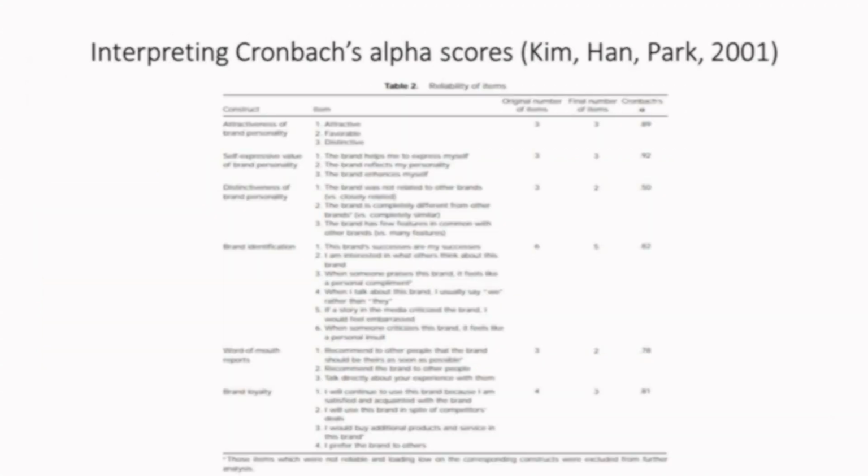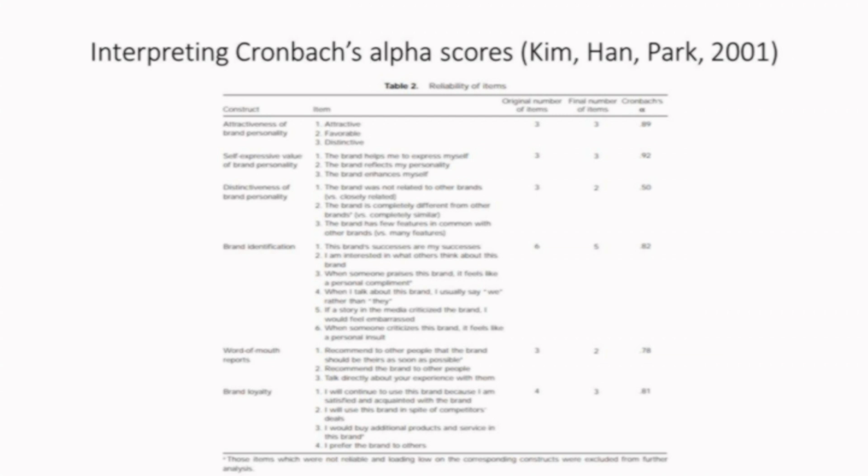Interpreting Cronbach's alpha scores, again, just for you to get a sense here, you can see here that in this chart, we have different constructs. These are just different ways to measure the variable. Construct is sometimes another word for variable. We can see here in the second column from the left, the items. Those are the questions or the statements or how you're measuring things. So the first construct is attractiveness of brand personality.